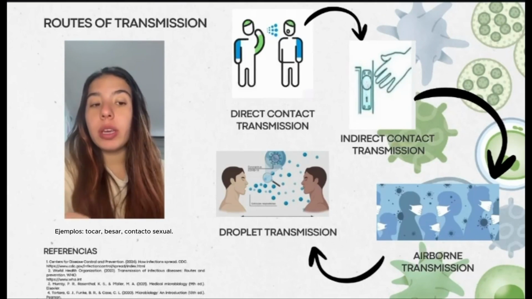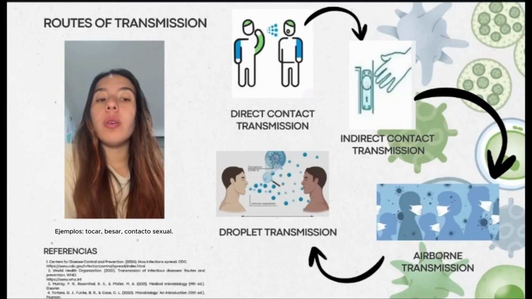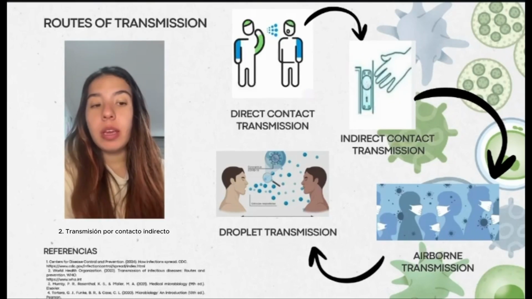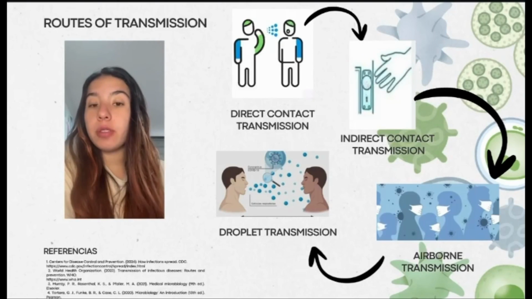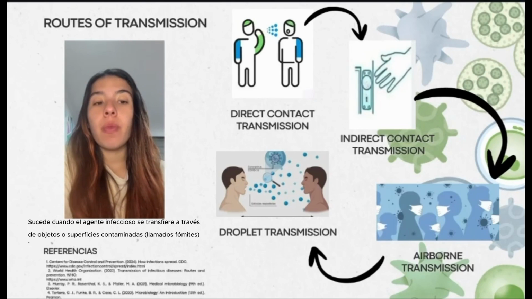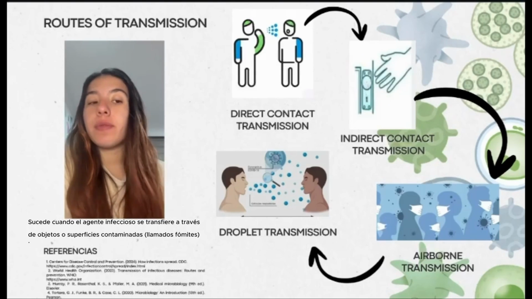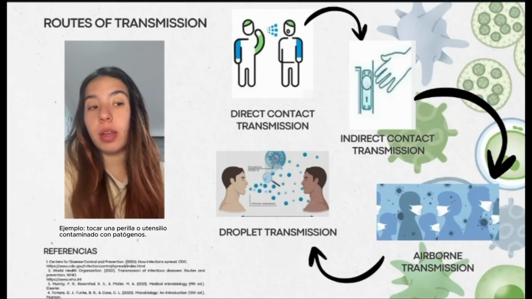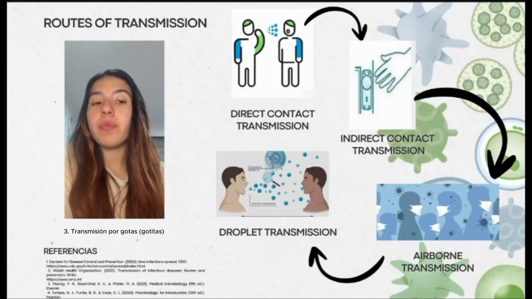Example: touching, kissing, or sexual contact. Indirect contact transmission happens when the infectious agent is transferred through contaminated objects or surfaces, called fomites. Example: touching or drinking from a utensil contaminated with pathogens.